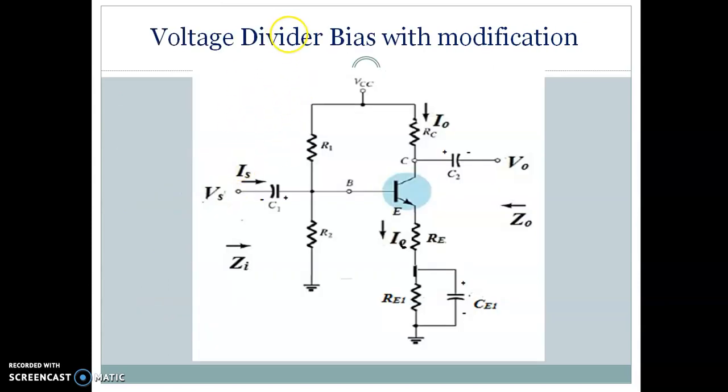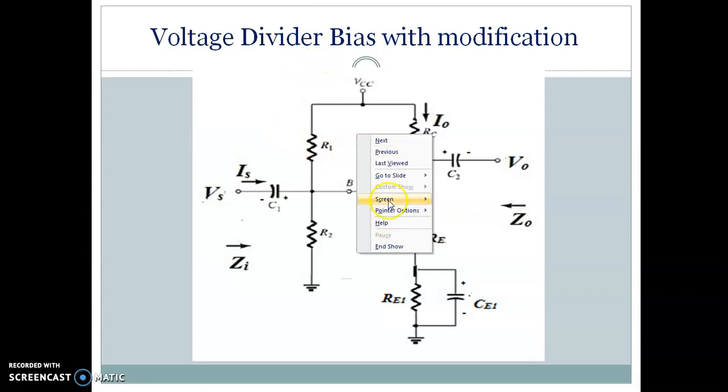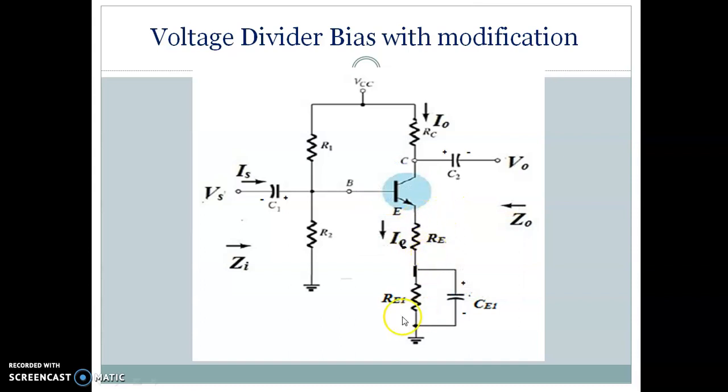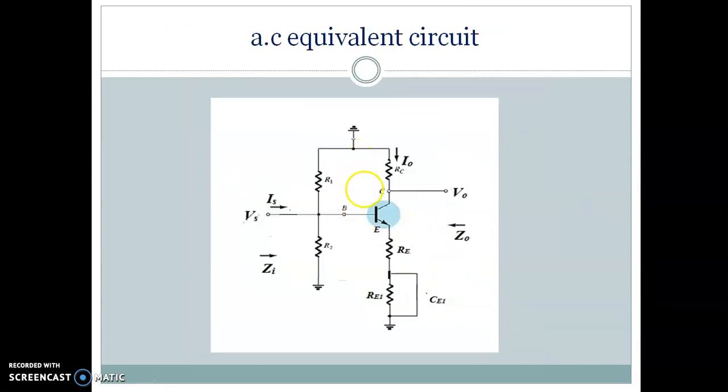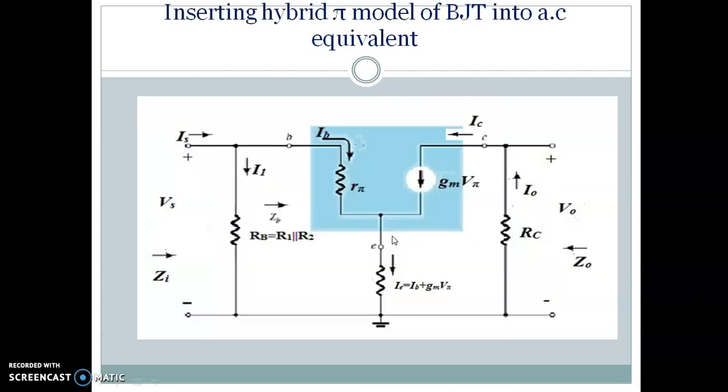Next, the voltage divider bias with a modification. So here you could see there are two resistors connected at your emitter. Okay, so not only Re, you have got Re1. So Re1 is bypassed, but Re is not a bypassed one. So when we draw the AC equivalent circuit, we have replaced the coupling capacitors and bypassing capacitor by a short circuit. We have removed the DC source. So to do the analysis, we have to replace the transistor with its hybrid pi model.